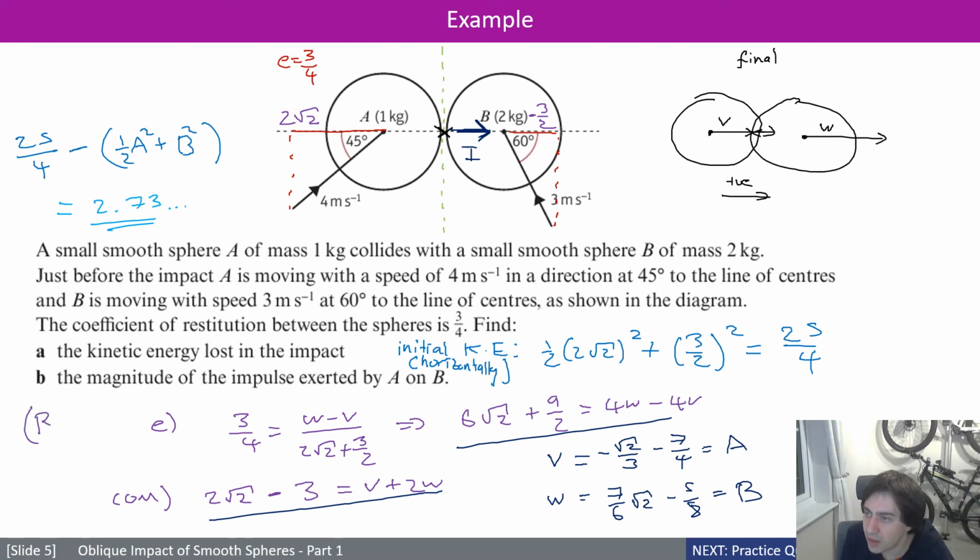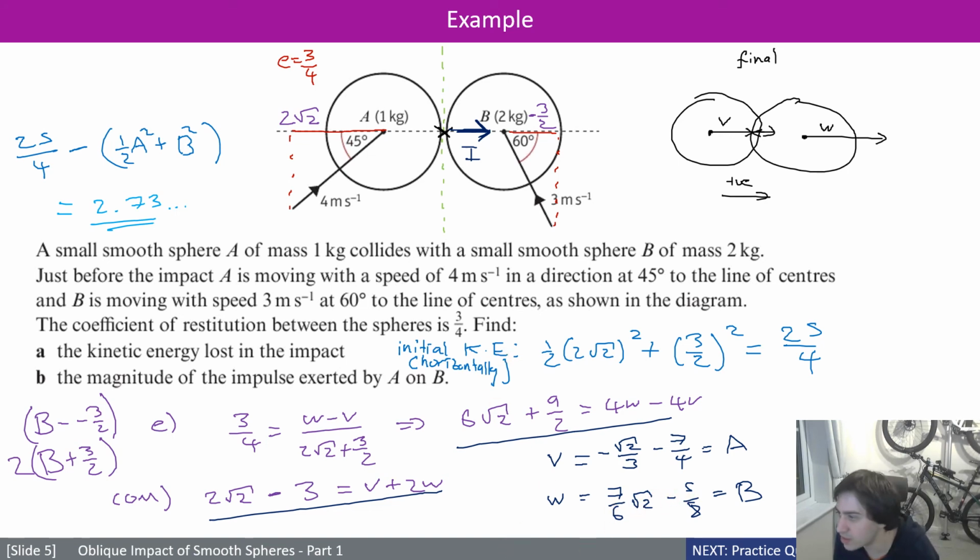It's b, which is the w going to the right, but we had 3 over 2, not 3, I wrote 3 there, and also it's in the opposite direction, so it's minus 3 over 2, remember, so that's b plus 3 over 2. So that's the change in velocity. It was going minus 3 over 2 and then b the other way. The change in velocity is b plus 3 over 2 times its mass, which is 2, which we didn't need to halve. So 2 times this b value plus 3 over 2.